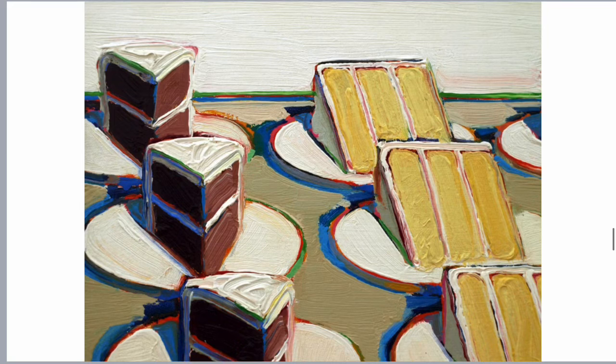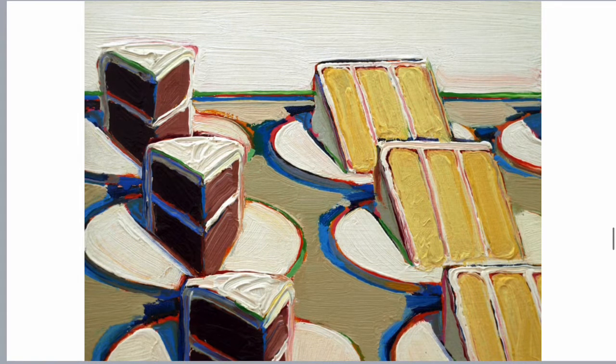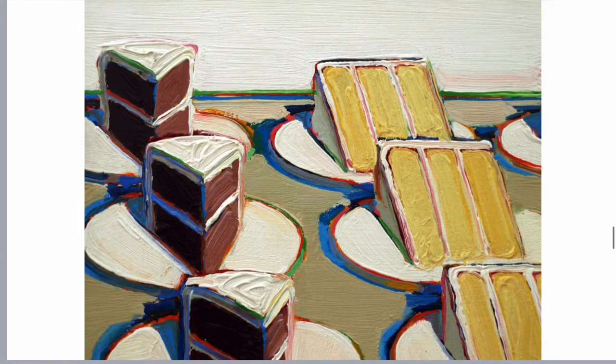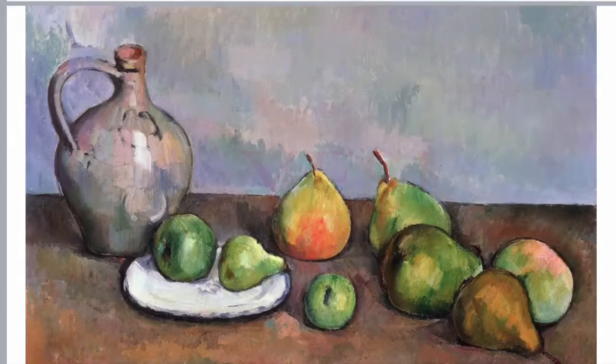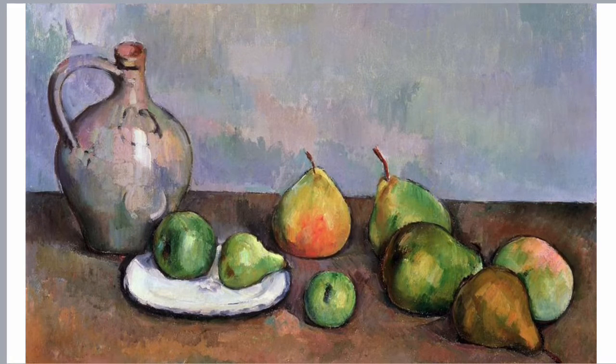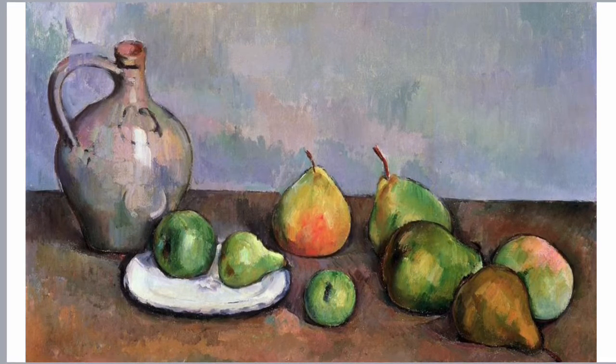Is this painting of cake by Wayne Thiebaud a still life? Yes, silly, cake can't move. Is this painting by Paul Cezanne a still life? Of course, there is a table in the picture and the objects do not move.